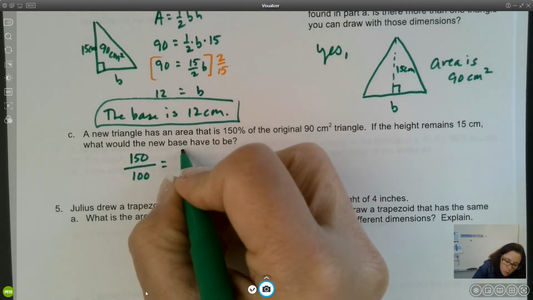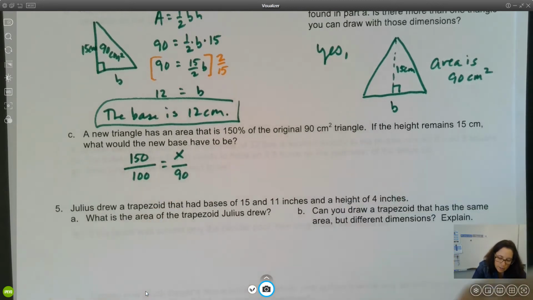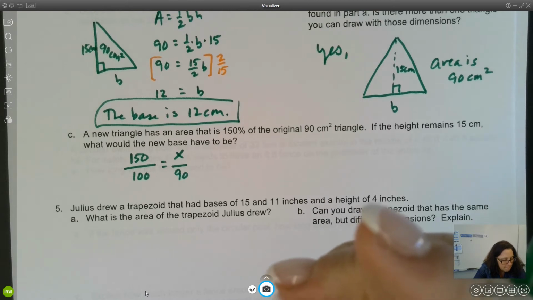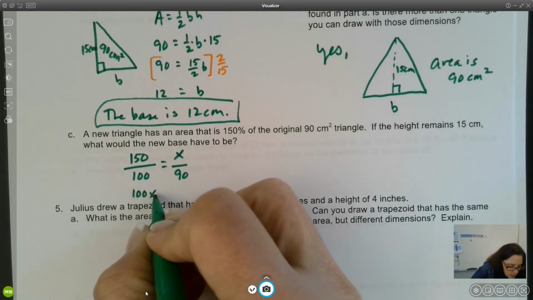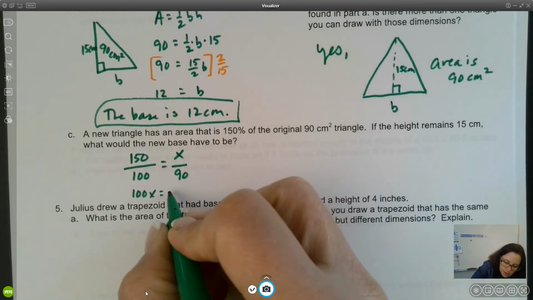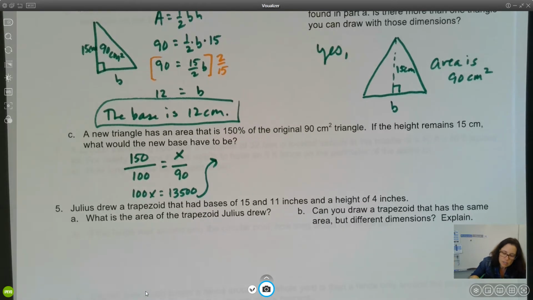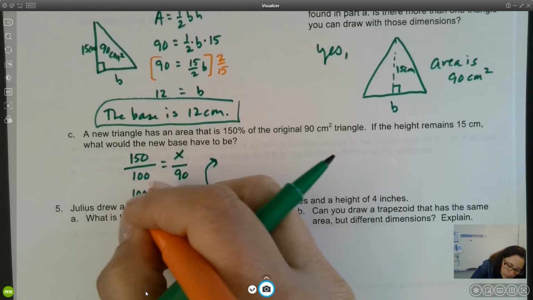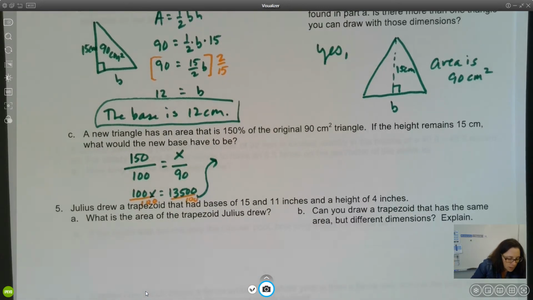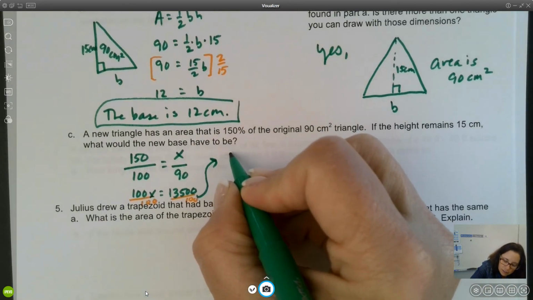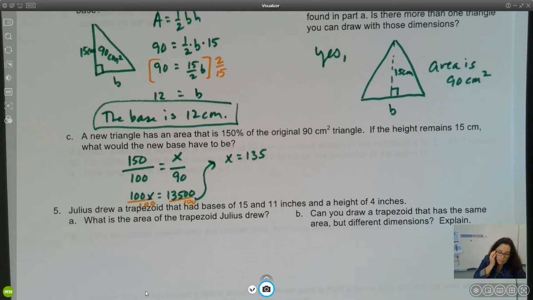And then I want to know what that would be if the original area was 90. Okay, so if I cross multiply, I'd have 100x equal, that came out to be 13,500. And then if I divide by 100, x equals 135. Okay, so 135, that's our new area.